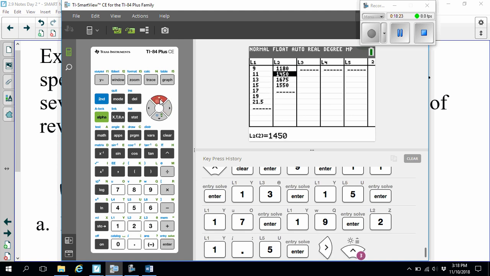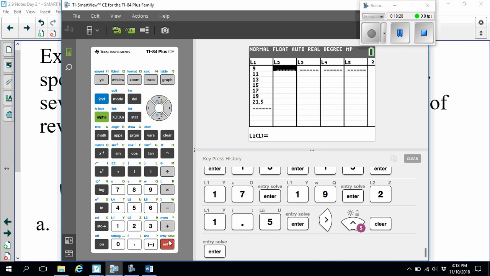Now I do the same thing with L2: I make sure I highlight it, press clear and enter, and it clears that list. Now we're going to do the boat speed.